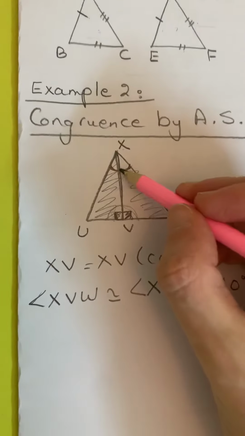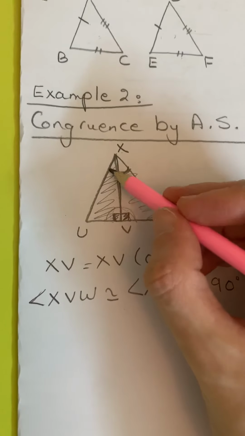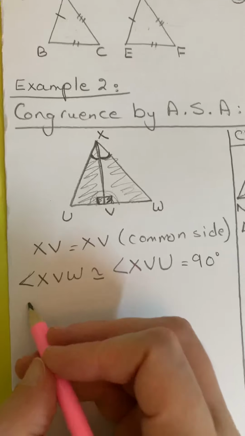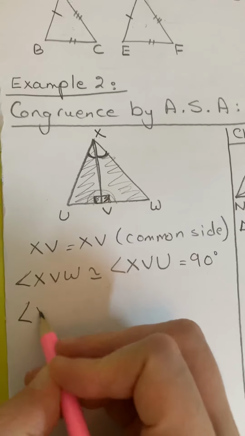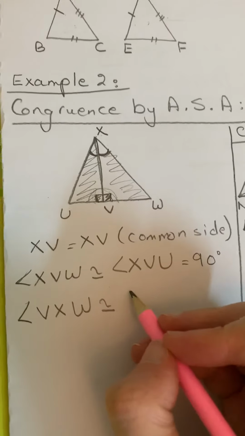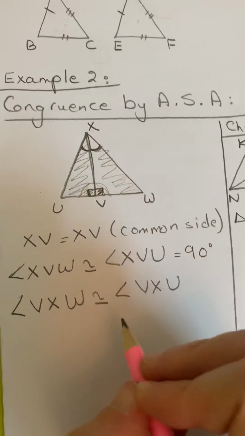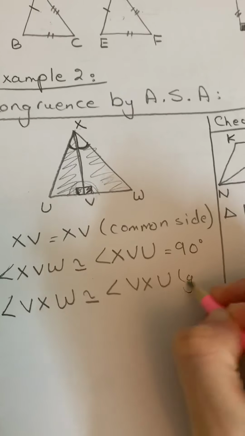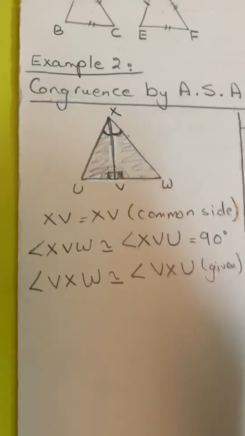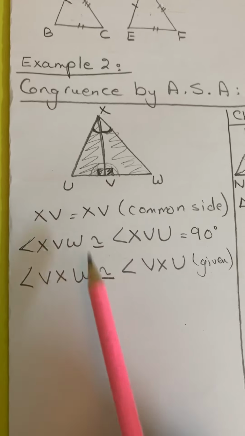Now, it's given that this angle X is congruent to this angle X. So angle VXW is congruent to angle VXU, and this is given. So I have here one side and two angles.